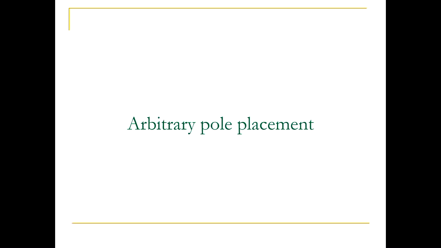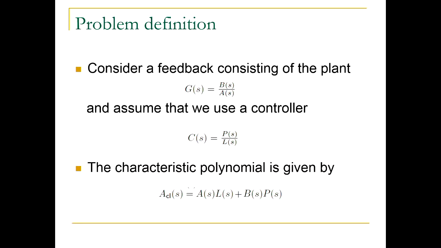So we now want to talk about how to achieve these closed loop pole locations through design. And that's called arbitrary pole placement. By the way, in advanced control, I also do arbitrary pole placement using a slightly different method. So using static state feedback controllers, it's a different class of controllers. Here we would use dynamic output feedback controllers.